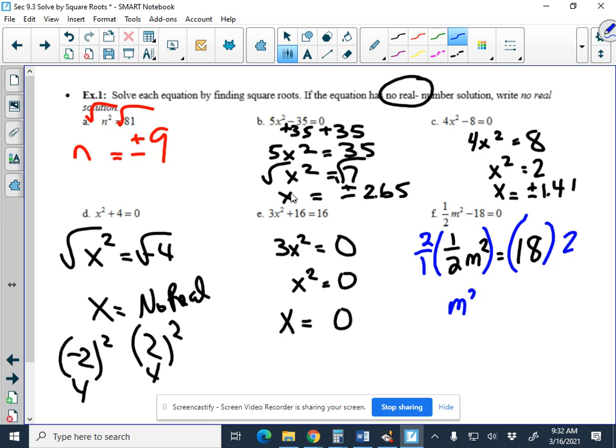So m squared equals 36. Now you have to take the square root of it.